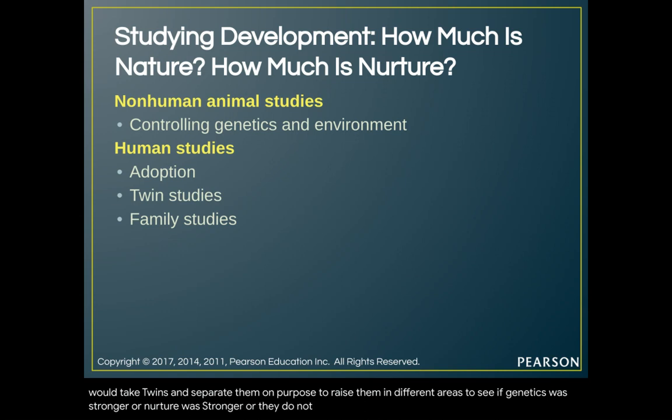They do not do that anymore, but not too long ago that was a thing. Now they do twin studies. They keep them in the same family and they see how they develop and how they grow to see what the tie-ins are.